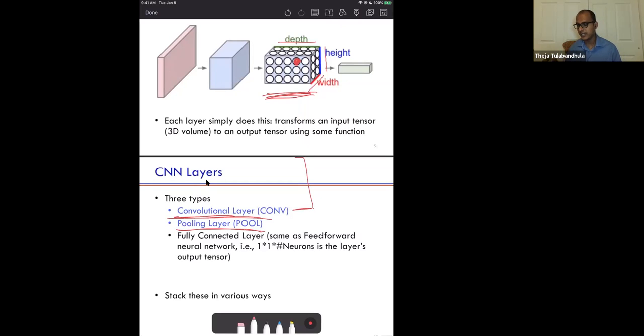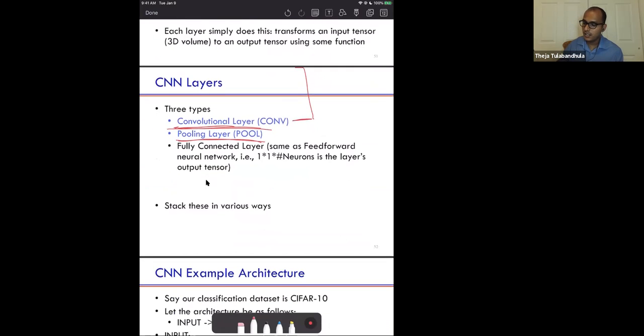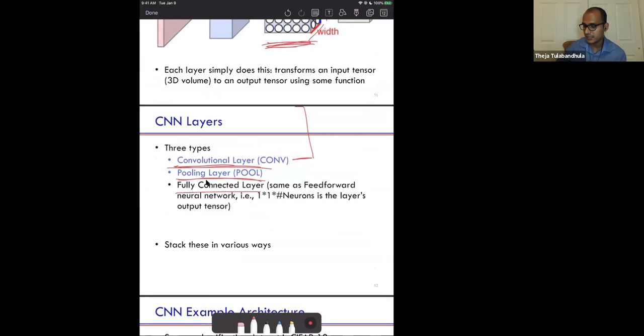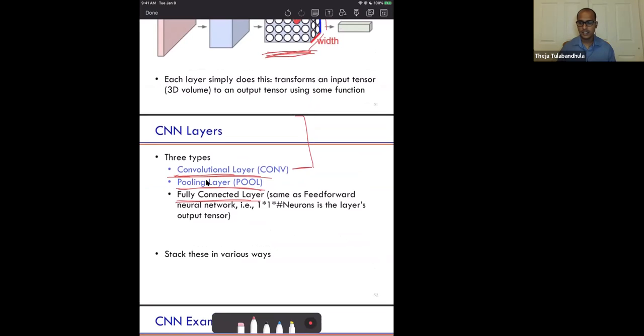The pooling layer is simple, so let's keep that aside for now. There's also another layer, which is a fully connected layer, which is exactly the same as before. The fully connected layer is what we've already seen. It's just a bunch of neurons stacked in a vertical form.